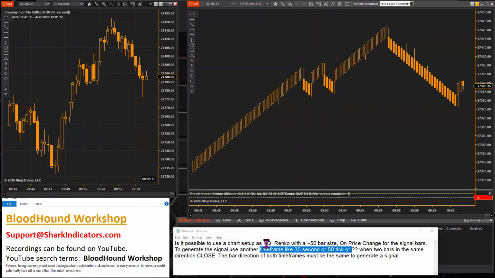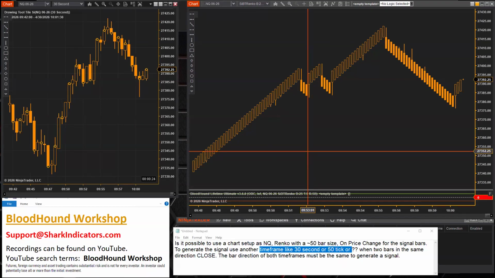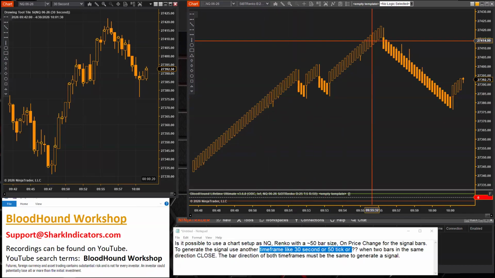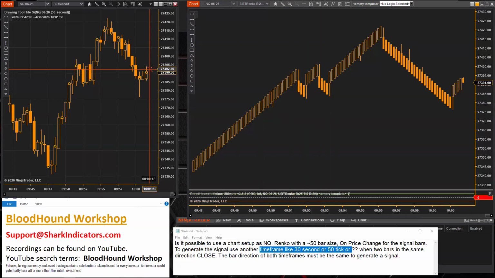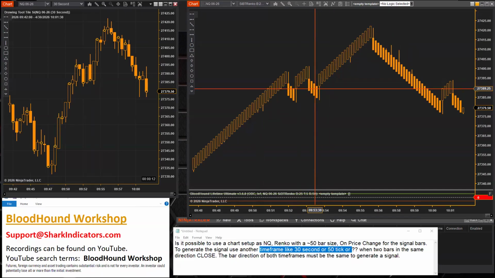All right, so the question is how to identify, and I'm assuming this will be used as a signal filter, where occasionally people who build systems on or are trading on a Renko chart want to use a secondary time frame to confirm the signal on the Renko chart.